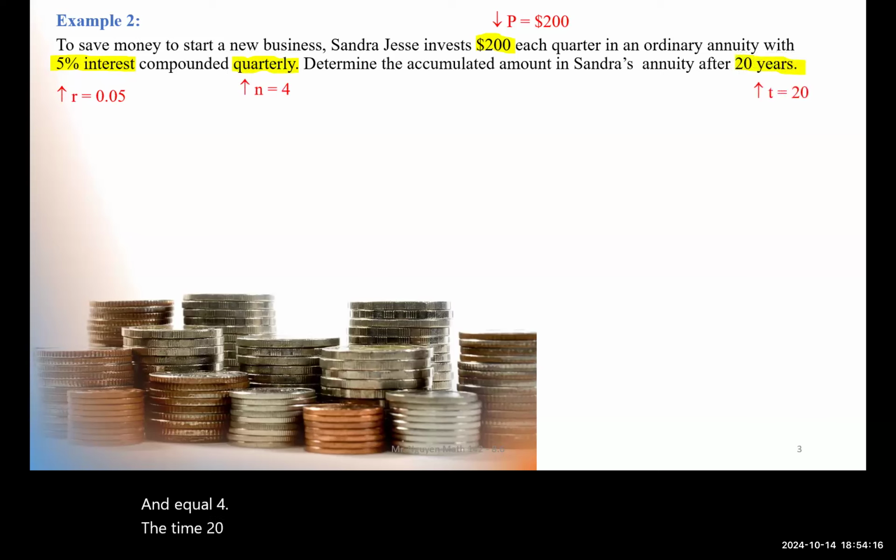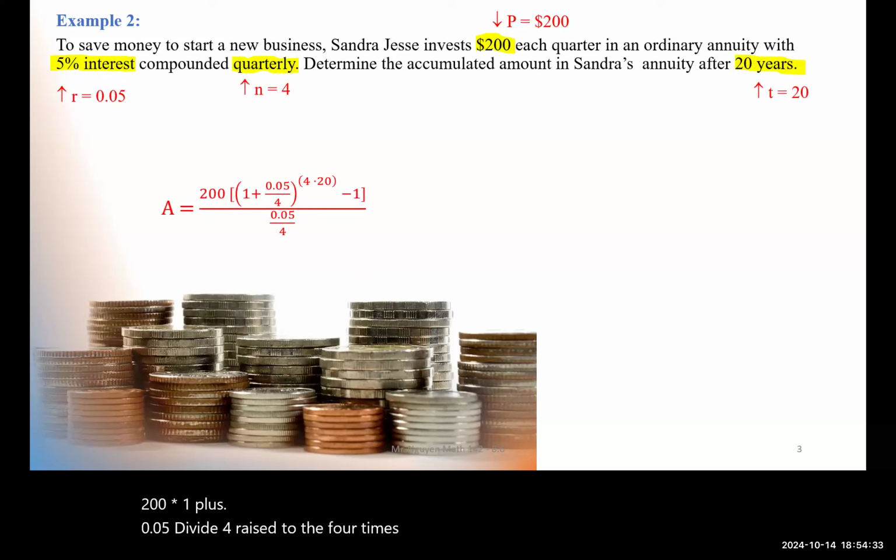We have the formula already. Put it in. 200 times 1 plus 0.05 divided by 4, raised to the 4 times 20, minus 1, everything over 0.05 over 4.